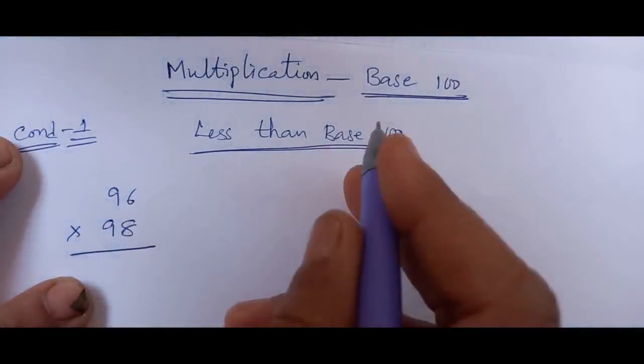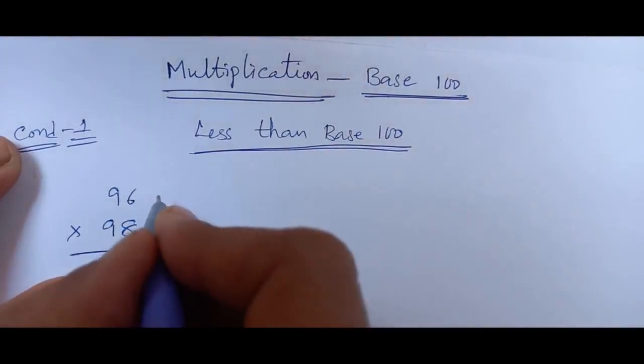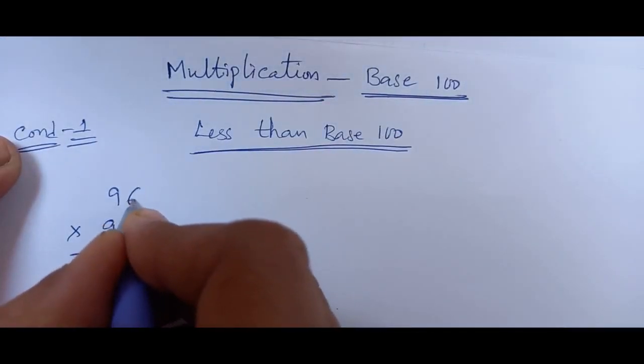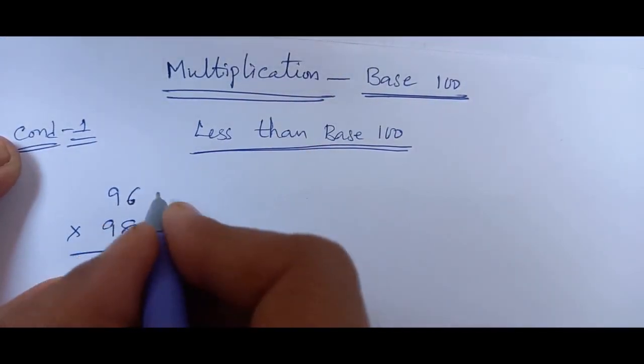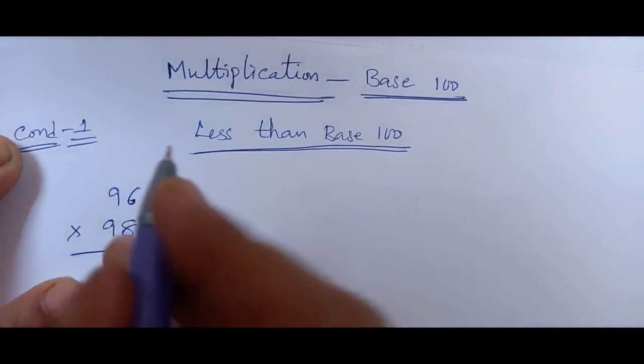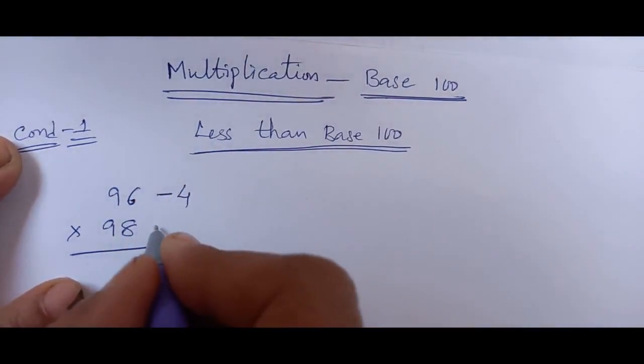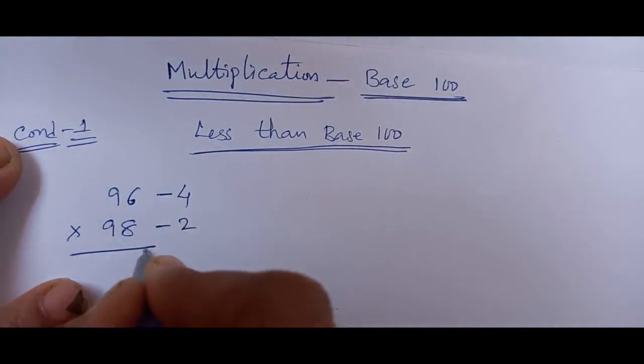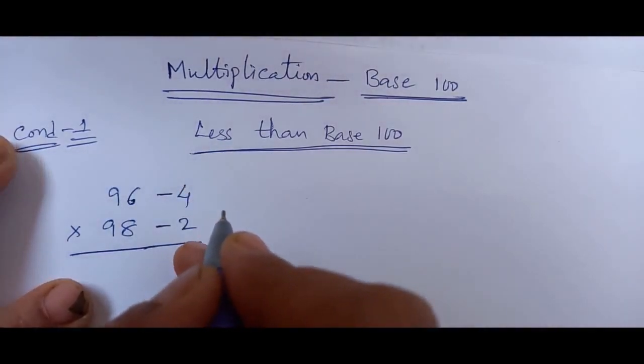Both are less than 100, no? So how much less? 96 is 4 less than 100, so write minus 4. 98 is also below 100. It is 2 less than 100, so write minus 2 here.